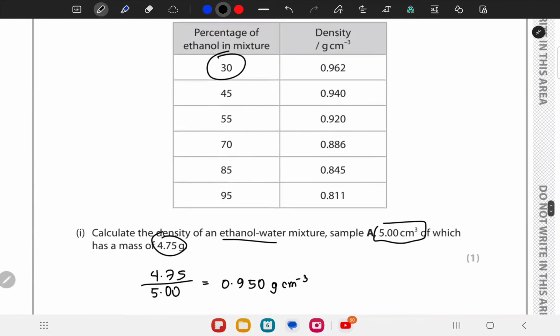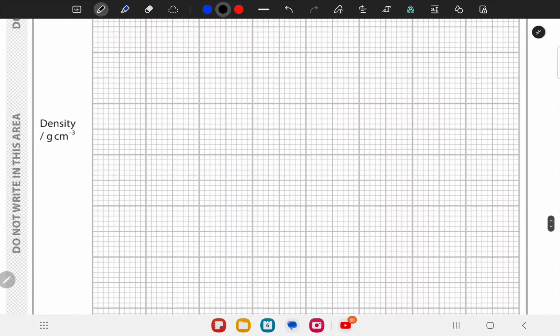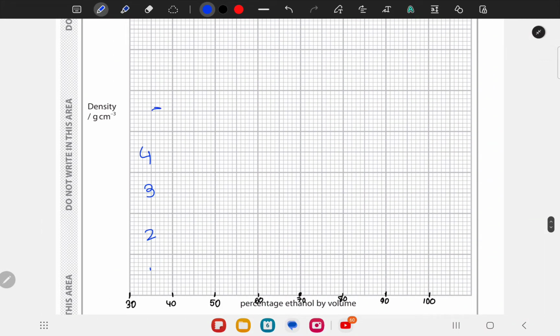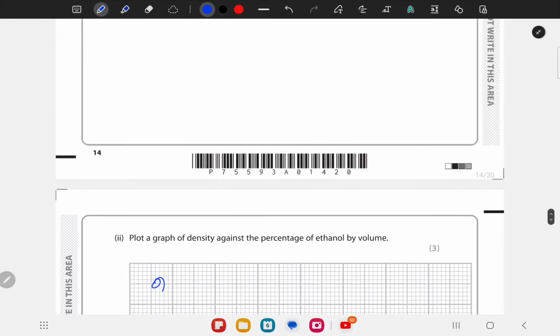Now for the y-axis, the smallest value is 0.811, the largest is 0.962. So we can take values from 0.8 to 0.97. 0.97 minus 0.8, we have 1, 2, 3, 4, 5, 6, 7, 8, 9 boxes.